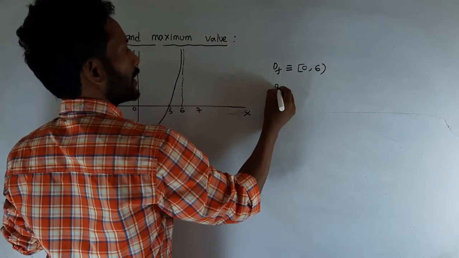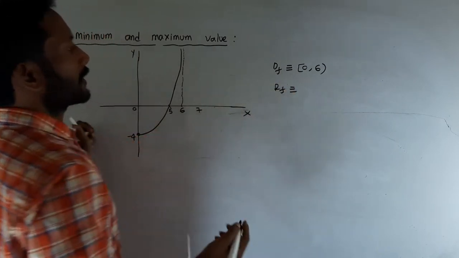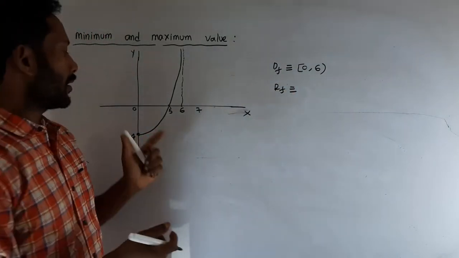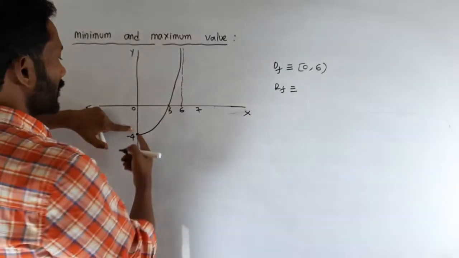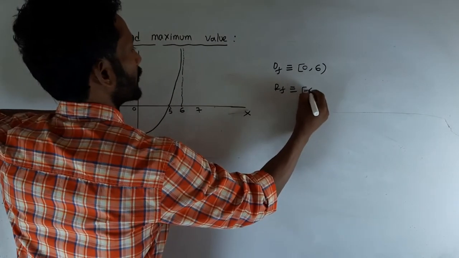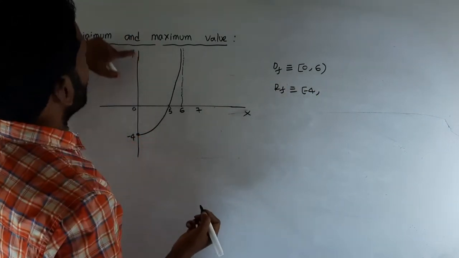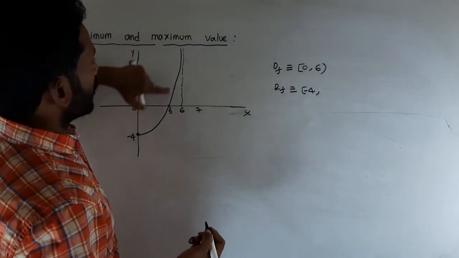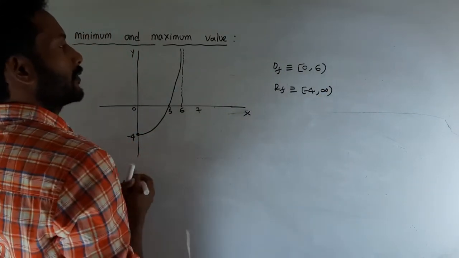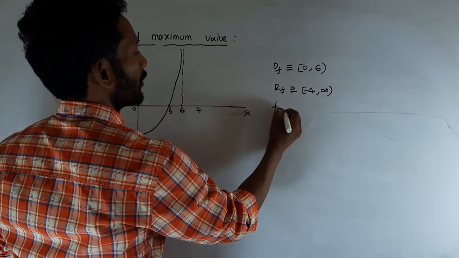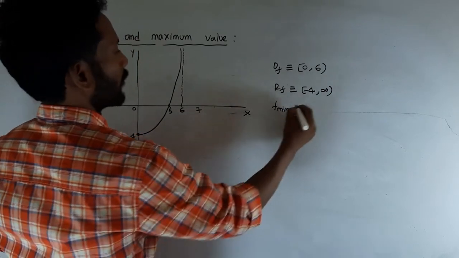Next, range of this function. What is the range? Range is a portion of the y-axis which is covered by the graph. So what is covered by the graph is closed interval -4 to infinity. This one approaches infinity. So F minimum is -4.